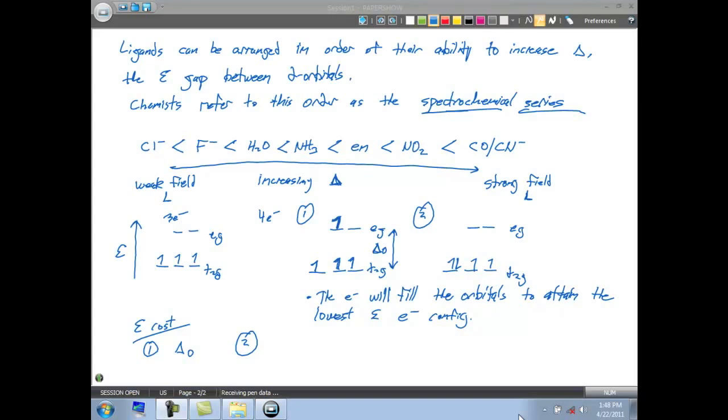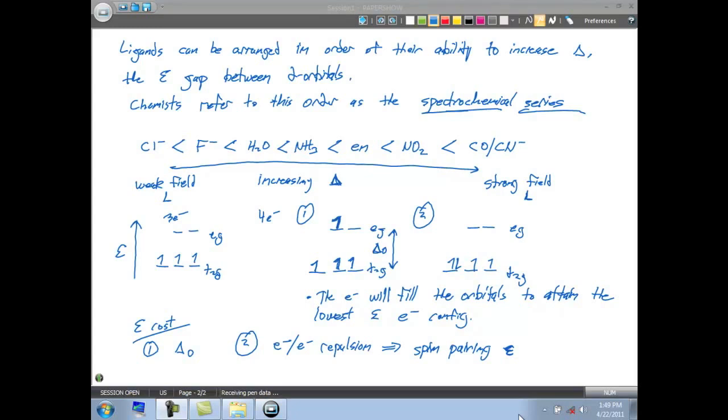But in this second case, we have an electron-electron repulsion, which we call the spin pairing energy. So the cost that's associated with putting that electron there is something called a spin pairing energy.